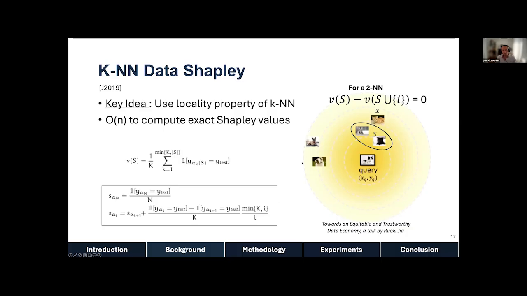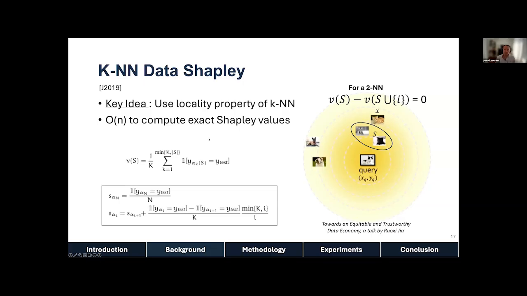Another way is to select a machine learning model that is simpler, and that's what Jia did. In 2019, she showed that for k-nearest neighbors, you can compute the Shapley values exactly in linear complexity.